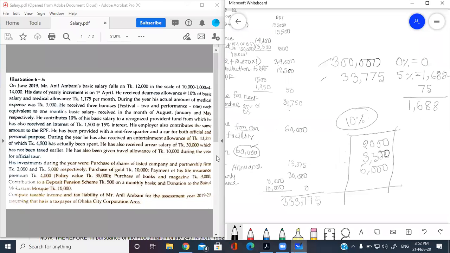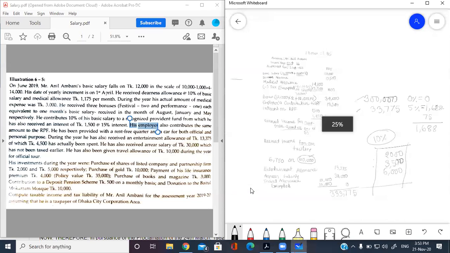Okay. So we need to add another amount from here. Employers and employee contribution to recognized provident fund is also an eligible amount to get the investment tax allowance. So let's calculate it. How much contribution was the employer making? 13,500.